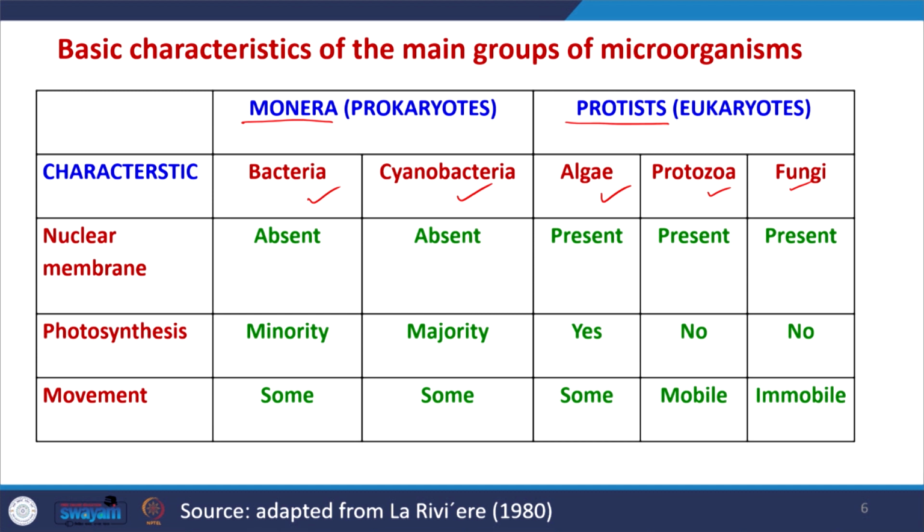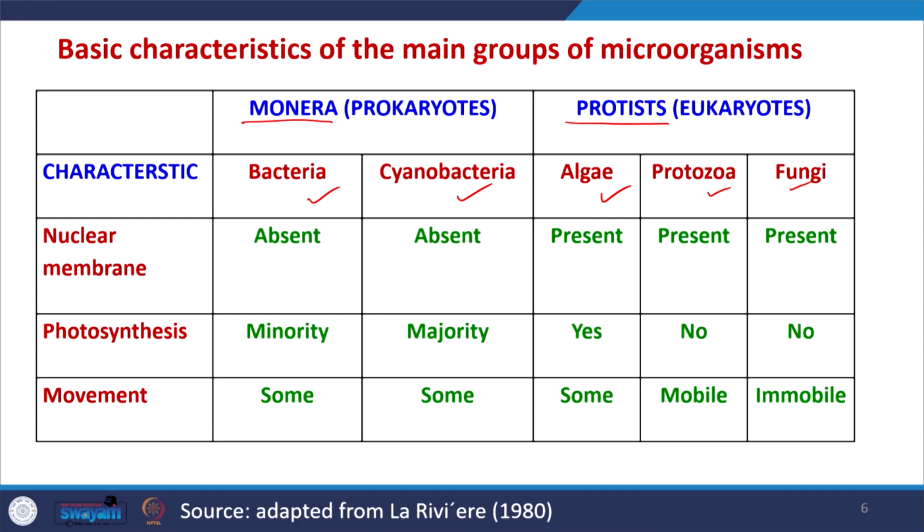In protozoa and fungi there is no photosynthesis, whereas in algae there is a lot of photosynthesis. Cyanobacteria also has a good amount of photosynthesis, whereas bacteria has a very minor amount of photosynthetic activity. The movement also is different in different microorganisms: fungi is totally immobile, whereas the protozoa is mobile, and the bacteria, cyanobacteria and algae have some mobility. So, there is some difference in the basic characteristics of all these main groups of microorganisms.